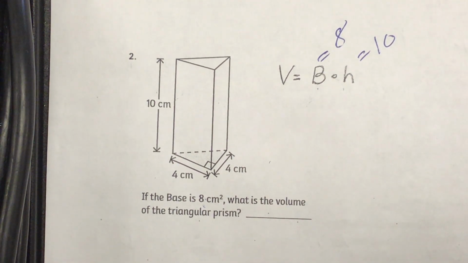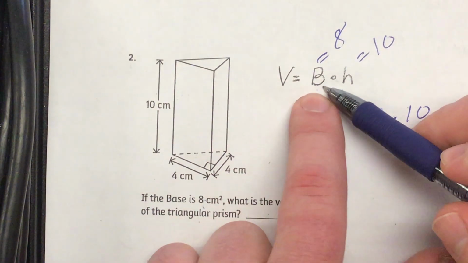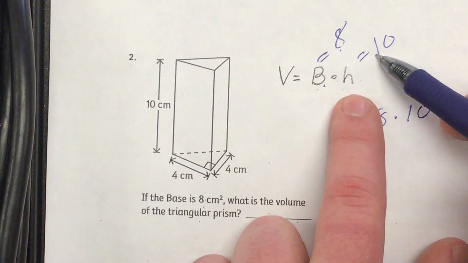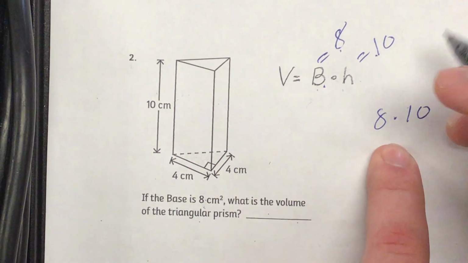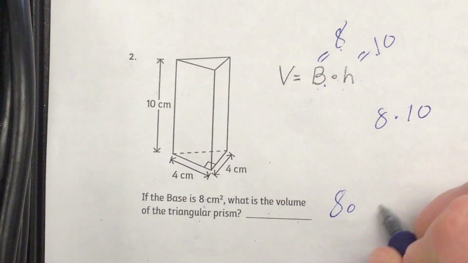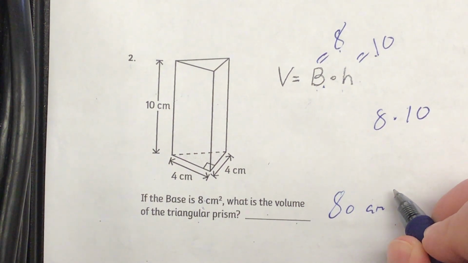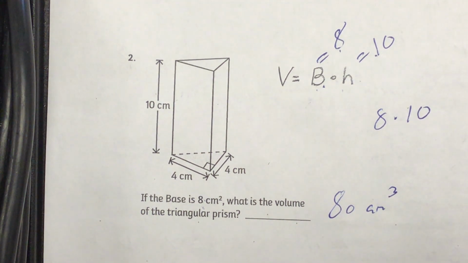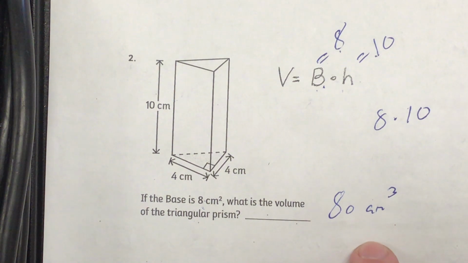So we take 8 times 10, 80. 80 centimeters what, Landon? Cubed. 80 centimeters cubed. Good try.